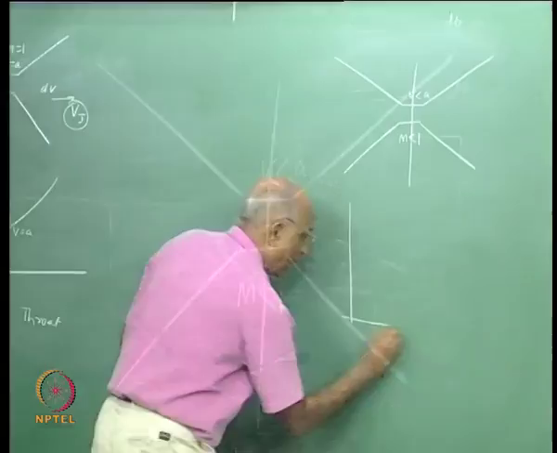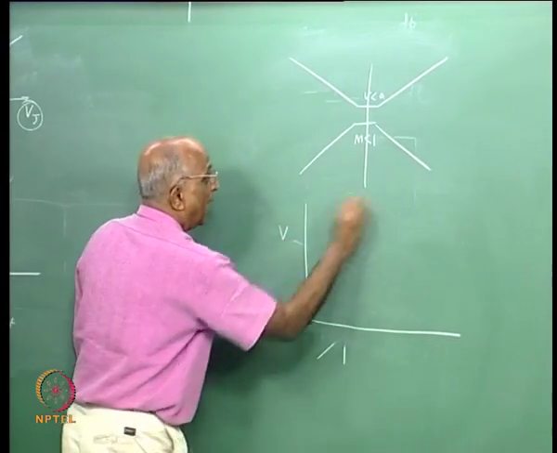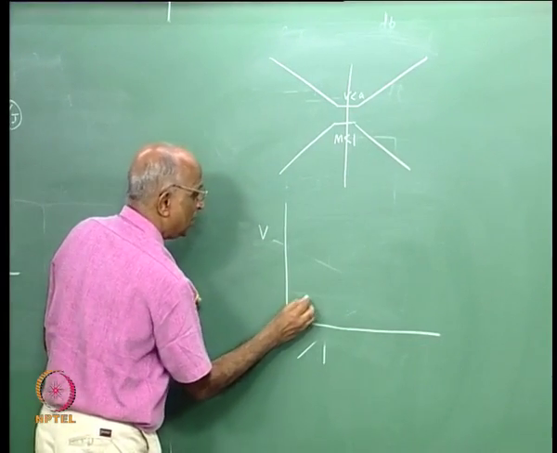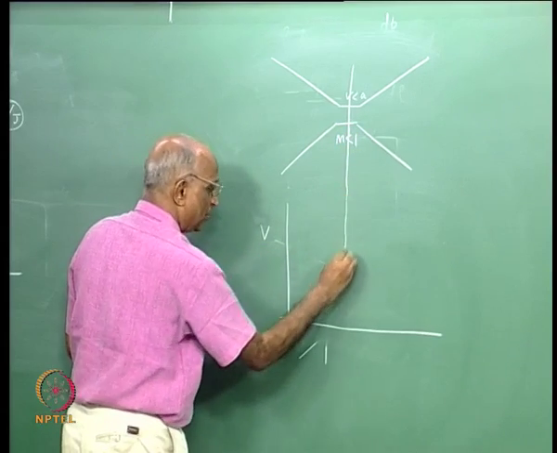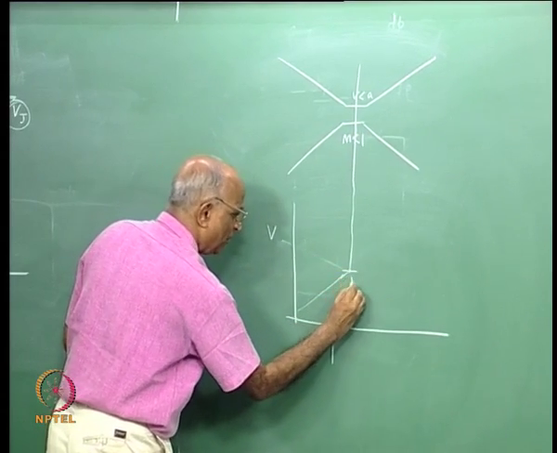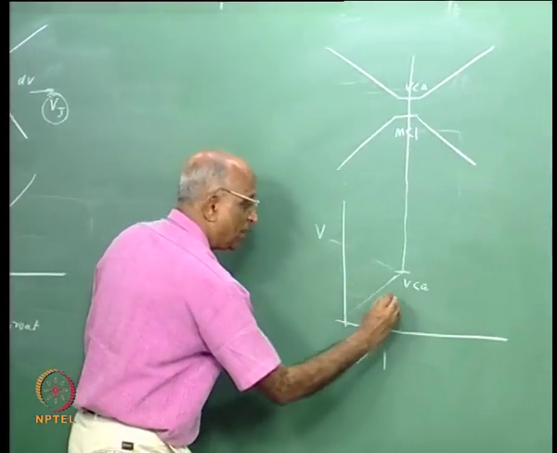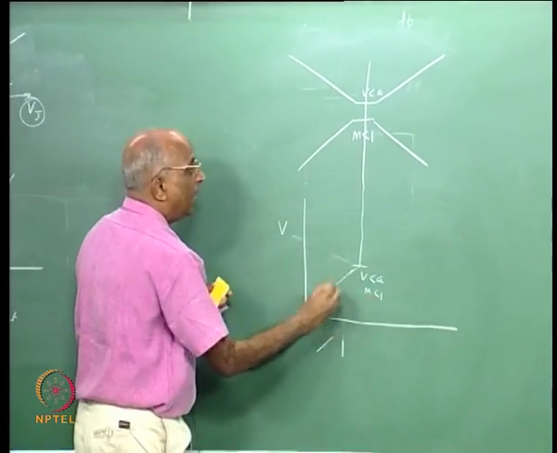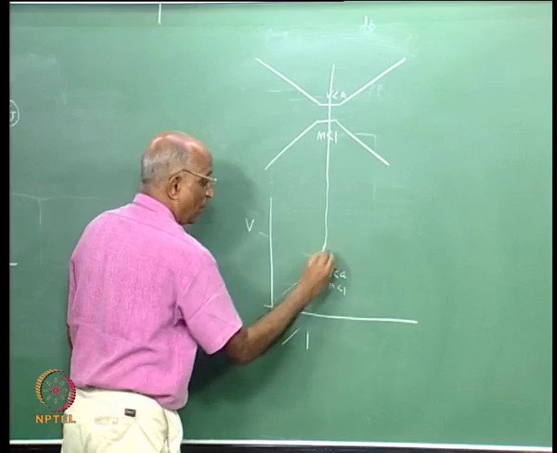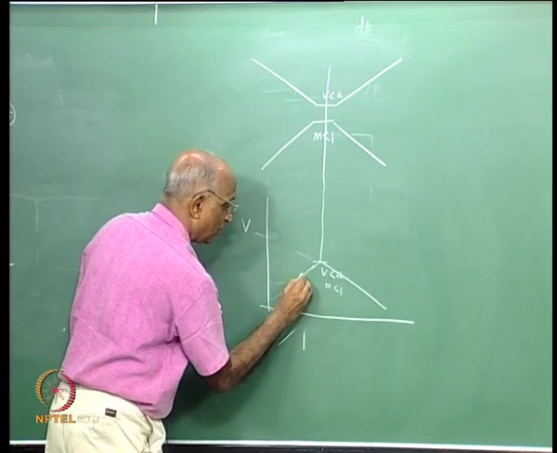Well, I now plot velocity as a function of distance. The velocity keeps increasing up to this place, but I find that V is still less than the sound speed here, or rather the Mach number here is less than 1, and therefore the velocity drops further.